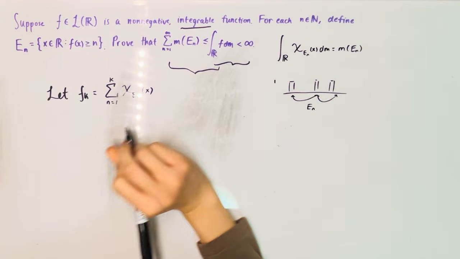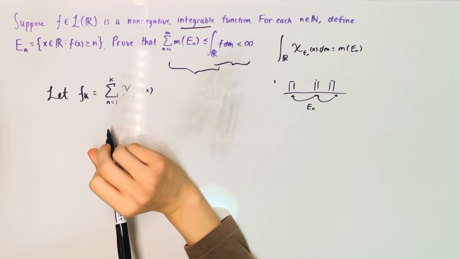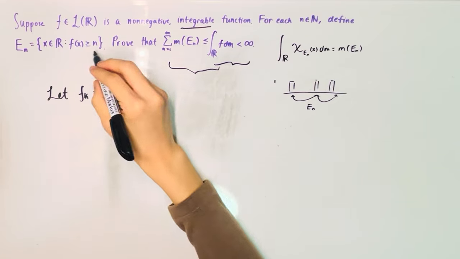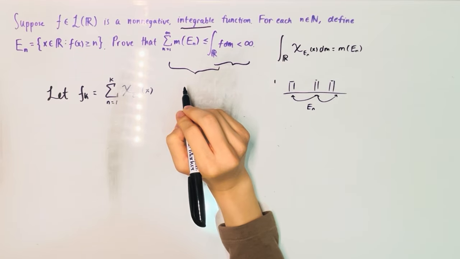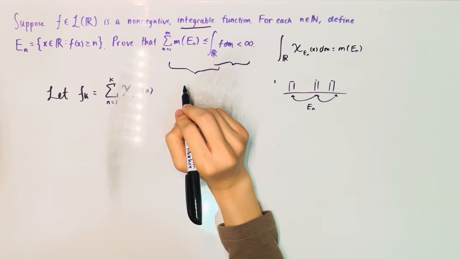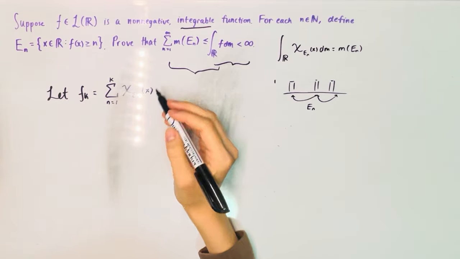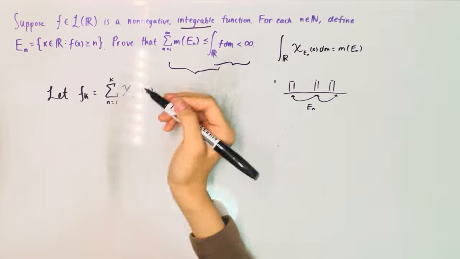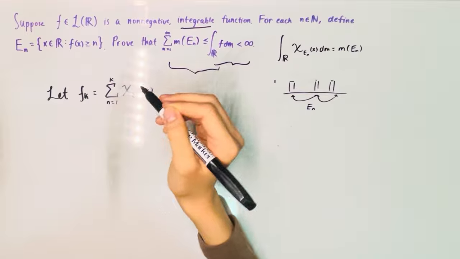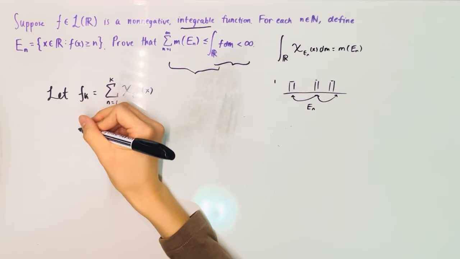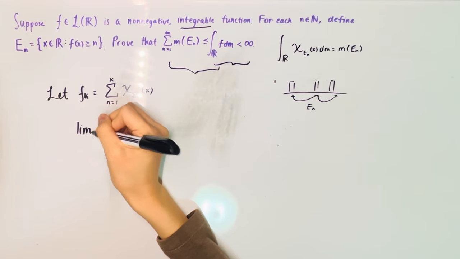Notice that each term is monotonically decreasing in n, because we're making our threshold higher and higher, so there will be fewer values of x that satisfy x being in E_n. Since these are non-negative and monotonic, we can apply Lebesgue's monotone convergence theorem, which tells us that we can pull the limit inside.